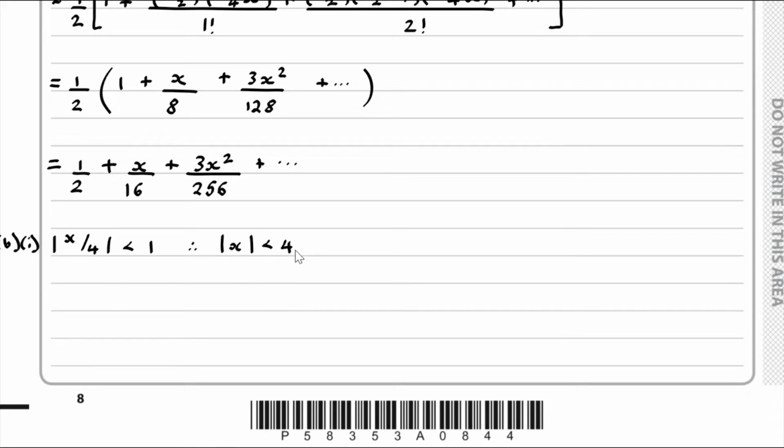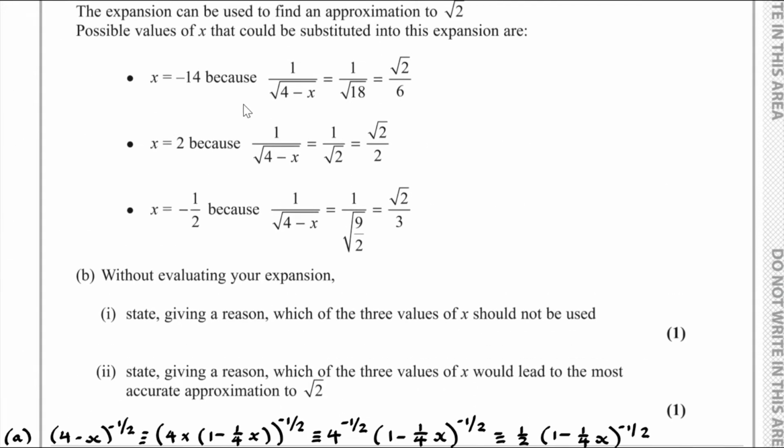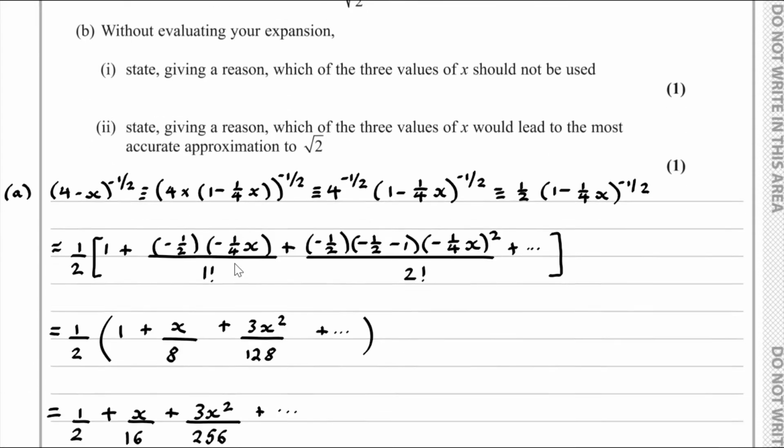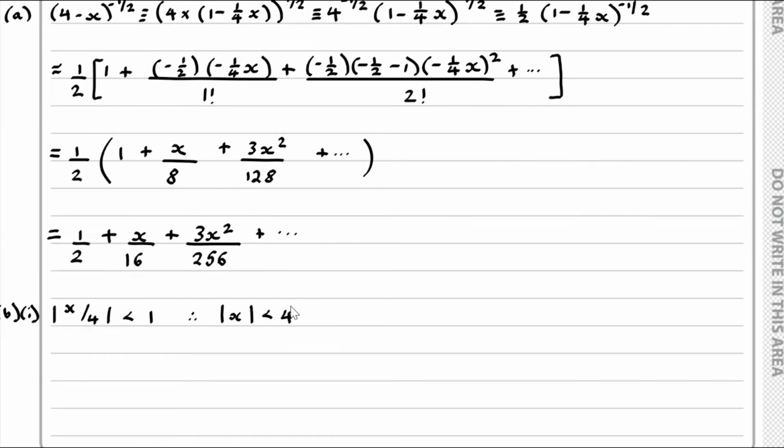And therefore, if we consider this x equals minus 14, that does not satisfy this condition. And therefore, we can state that we must not use x equals minus 14. The reason being, x can take values between minus 4 and 4.